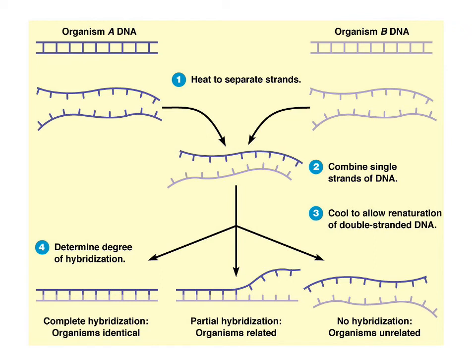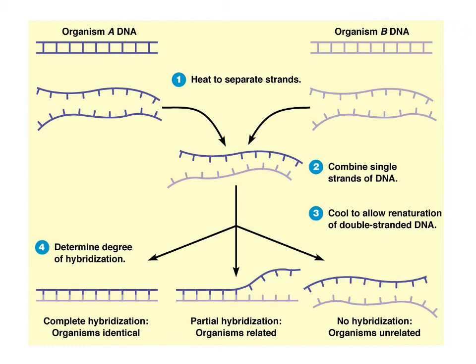When we are looking at nucleic acid hybridization, we are looking at the genetic similarities in two separate organisms and their DNA. So we take the DNA from each organism and we heat it up, and it separates the strands of DNA. Then we take the DNA from one organism and match it with the DNA of another organism.